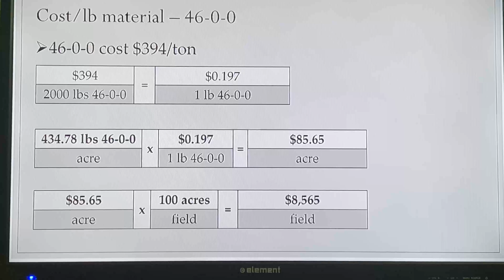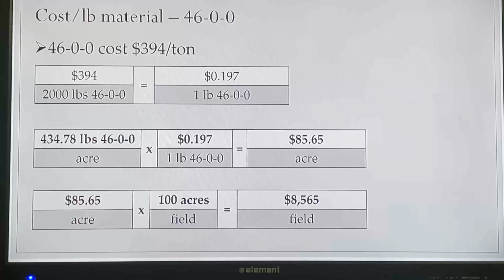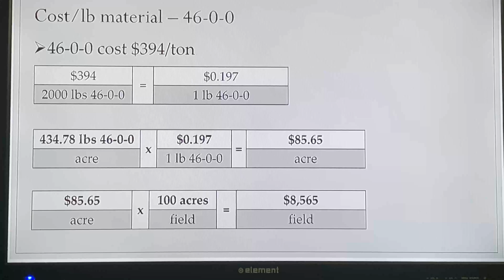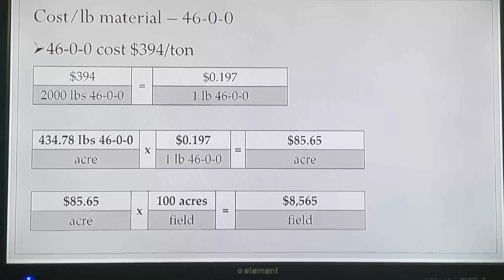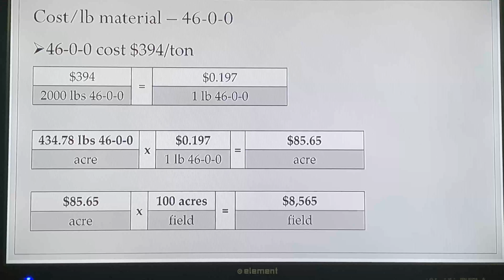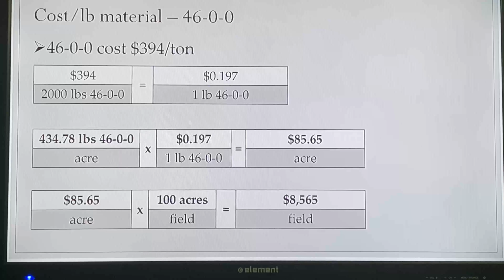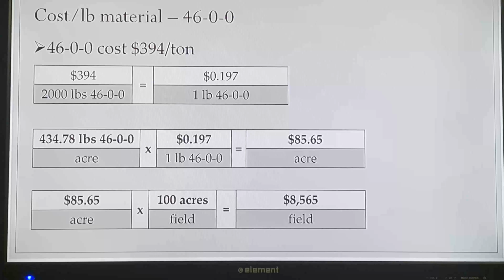If you know how much 1 pound costs and you know how many pounds you need per field, you can calculate what the cost is going to be for that entire field. So when we do this math, 394 divided by 2,000, because there are 2,000 pounds in a ton, we find that our fertilizer material costs us about 19.7 cents, or $0.197.